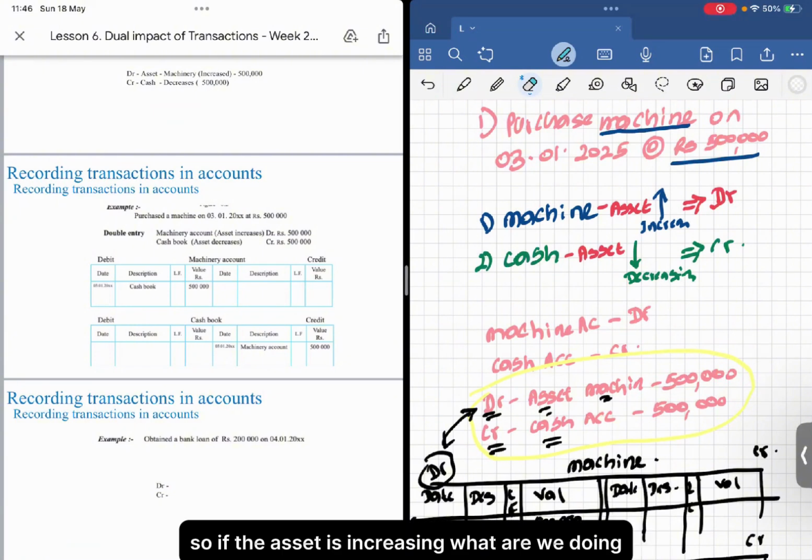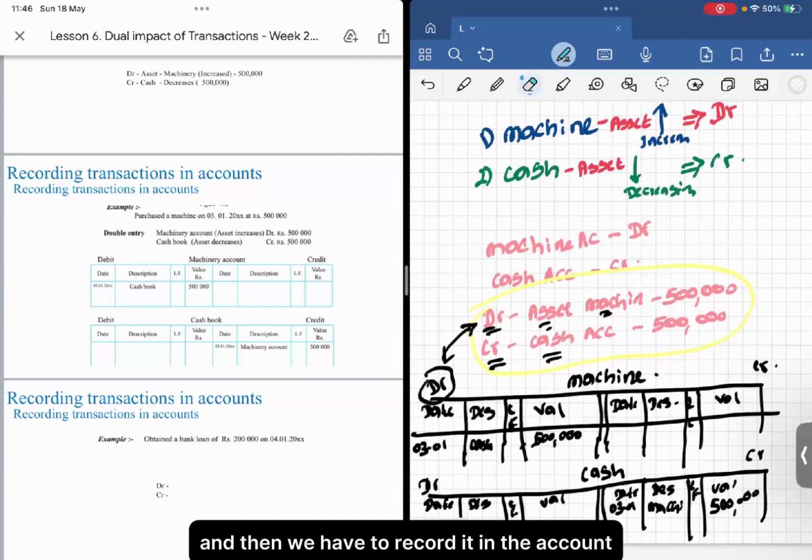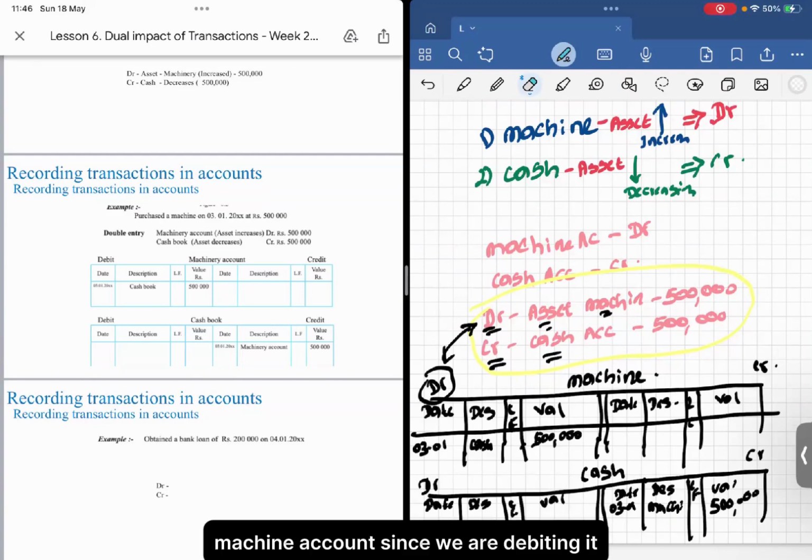So if the asset is increasing, what are we doing? We are passing a debit entry. And on the other hand, if the asset is decreasing, what are we doing? We are passing a credit entry. Okay. So those are the two entries, and then we have to record it in the account. So in the machine account, since we are debiting it, we are recording it in the debit side.